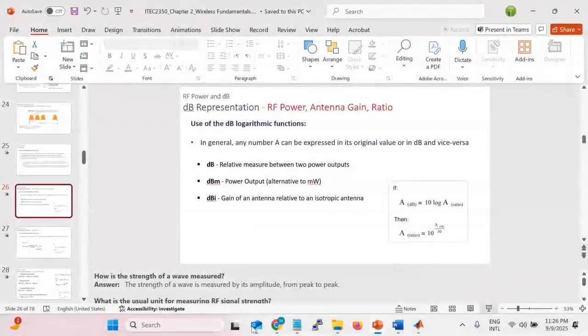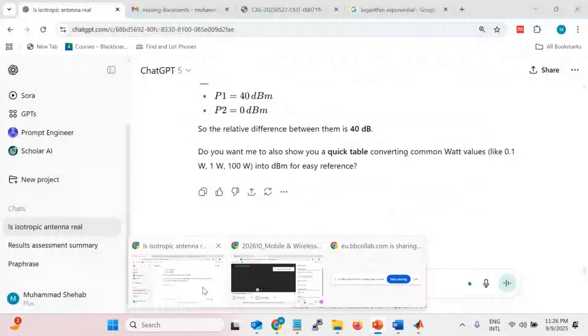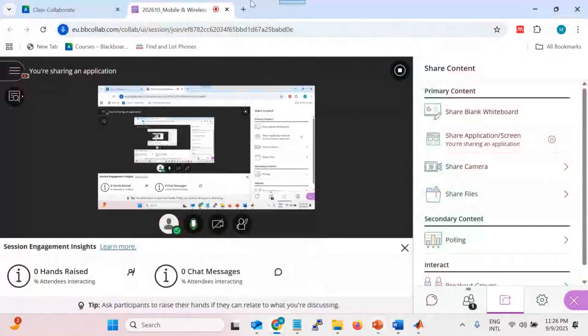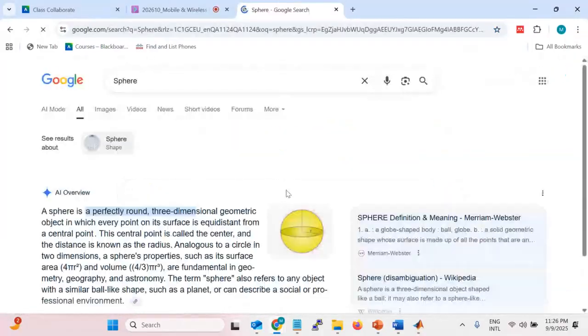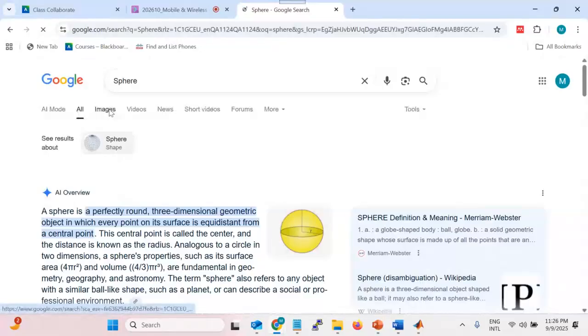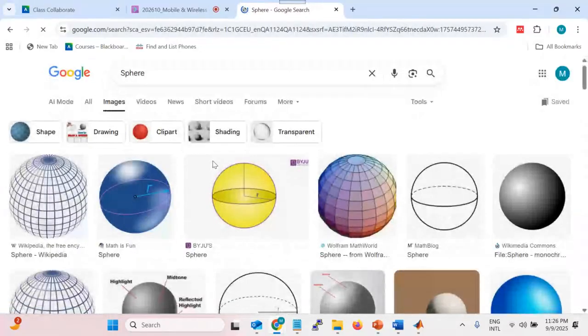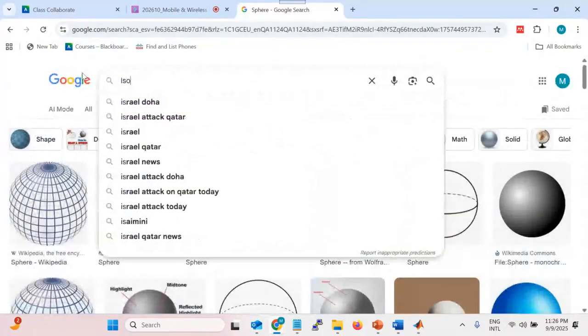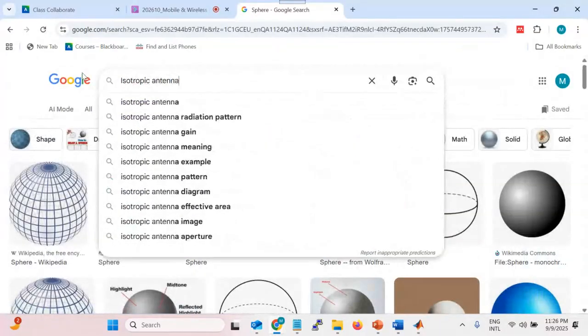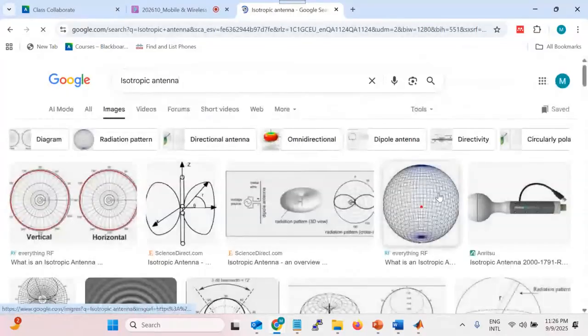I will show you the shape of the sphere. This is the sphere. So the isotropic antenna is spherical shaped.